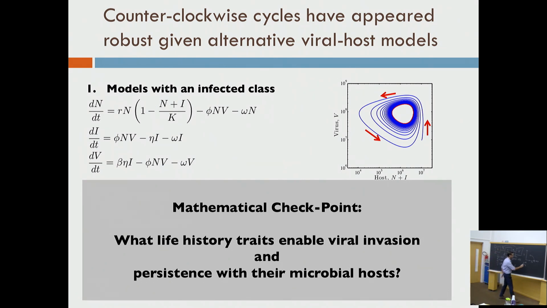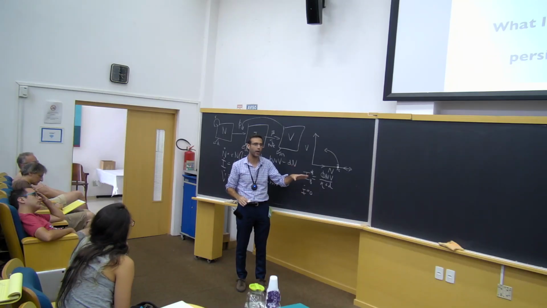If I set I dot to 0, I find that I, which I'll call a kind of quasi-static equilibrium, will equal phi V over eta plus D, which just says that the amount of new infections balances the loss. I could do the full three-dimensional system, but it would not be as fun or as intuitive. So just take my word for it that we are going to assume that the infected cells are tracking the rate of new infection as we go.